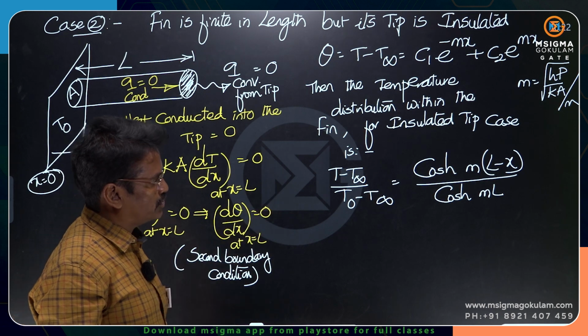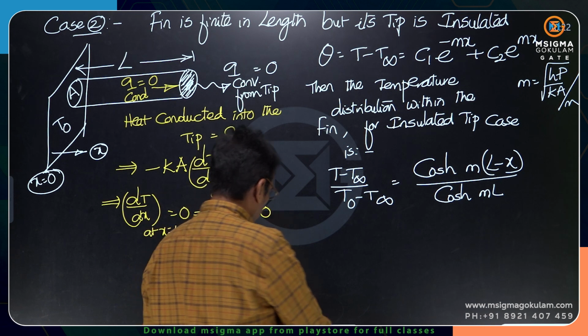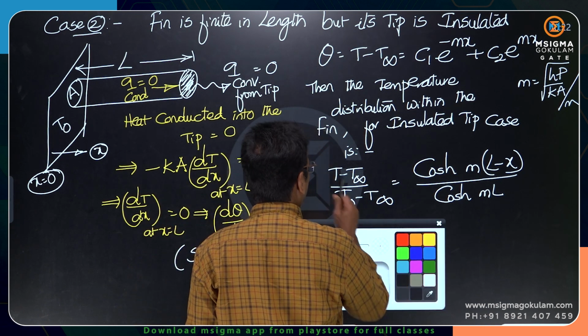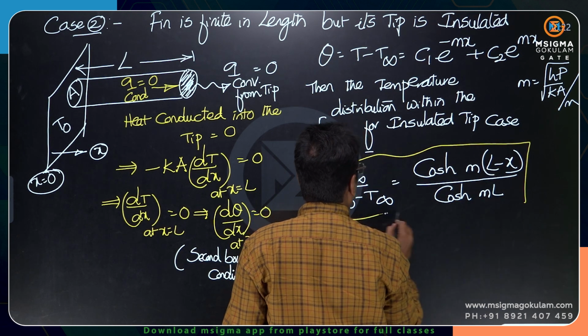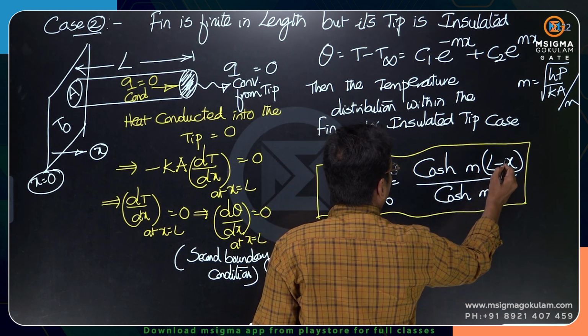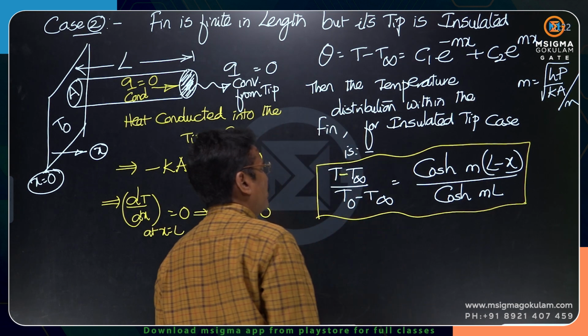This is a hyperbolic cosine, where m is root of hP by kA. From this temperature distribution, we can calculate the temperature of the fin at any x. T infinity is the ambient fluid temperature. For most of the fin problems we assume this particular case.